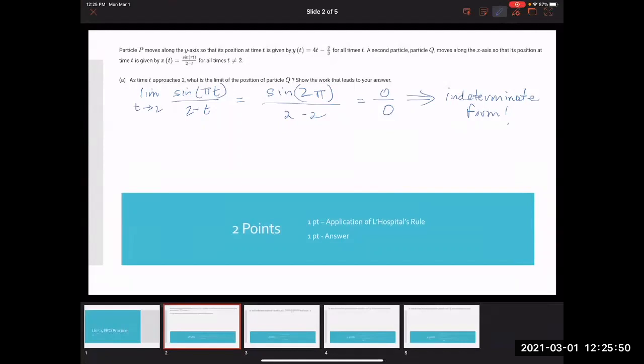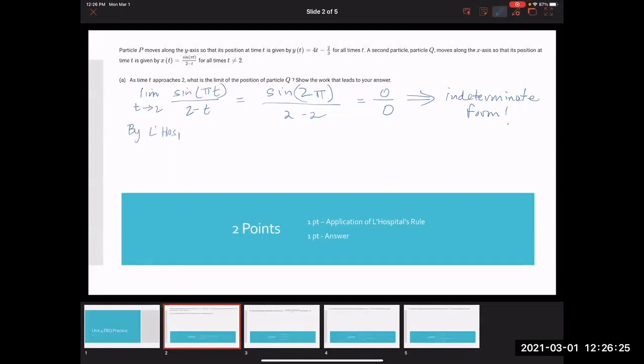And remember, what L'Hopital's rule does is, if and only if you're taking a limit, and when you take the limit you get either 0 over 0 or infinity over infinity, you are allowed to redefine the limit as the quotient of the derivatives. So right now we have the limit as t approaches 2 of sine pi t over 2 minus t. Since we know we've got to use L'Hopital's rule because we got an indeterminate form, we can redefine the limit, and I'm going to put by L'Hopital's rule.